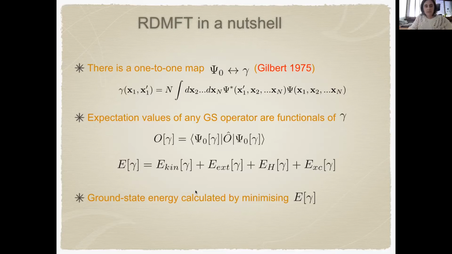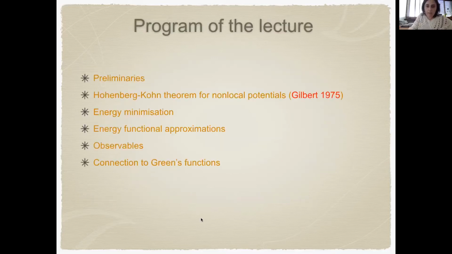Okay, so that's it. And then the program that I have in mind for the lecture is the following. I give you some preliminaries, some notations, okay? Then I show you the Hohenberg-Kohn theorem for non-local potentials, which is the basic theorem of this one-to-one mapping between ground state wave function and one body density matrix. We pass through energy minimization.